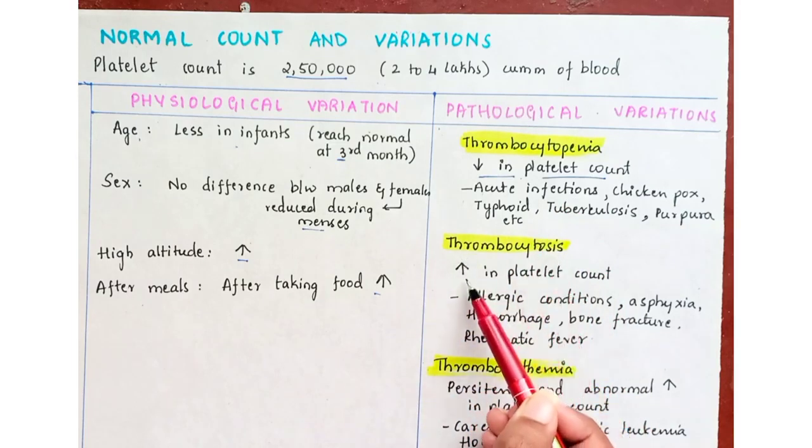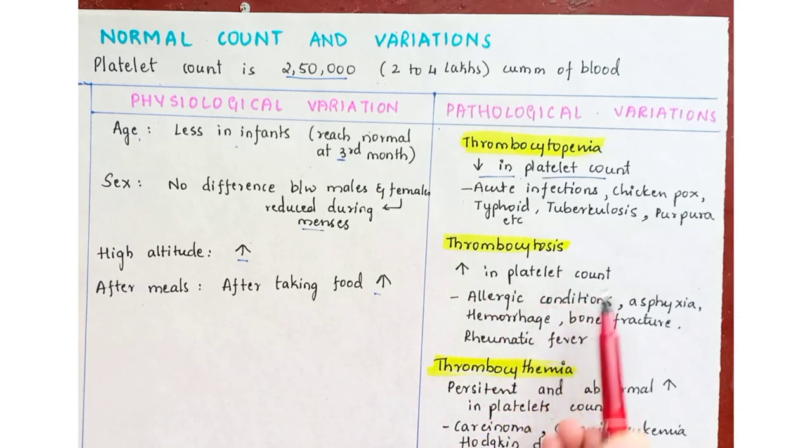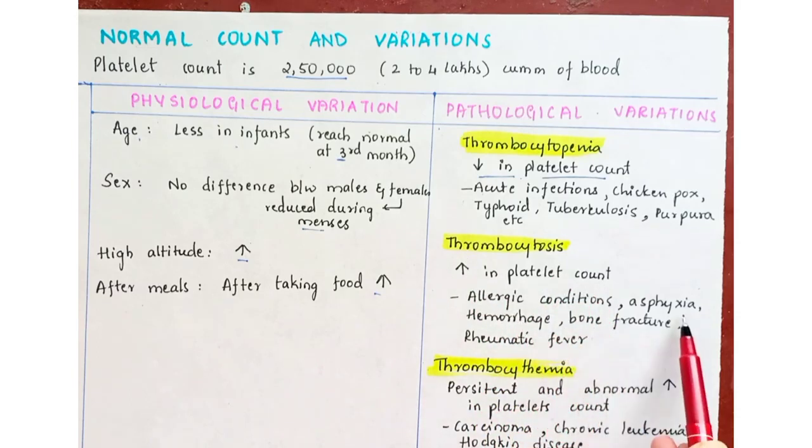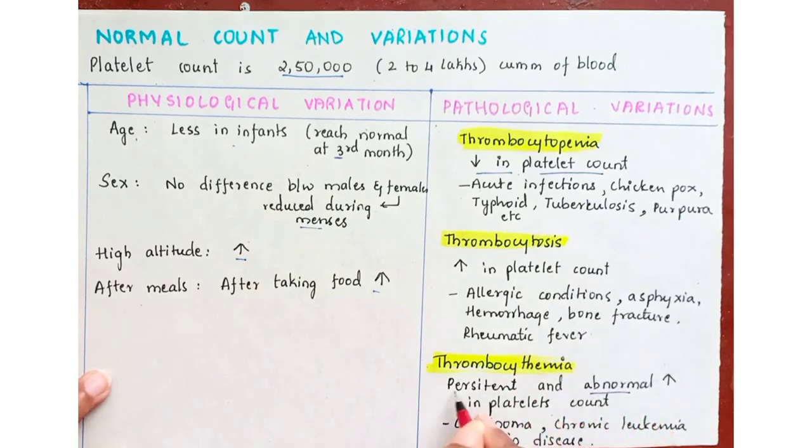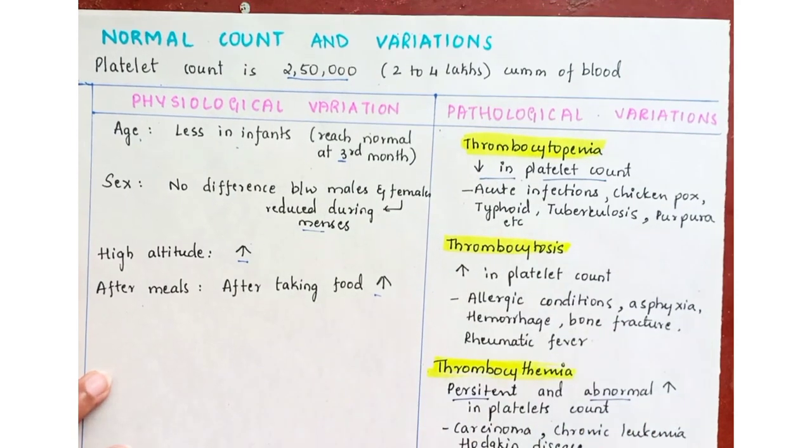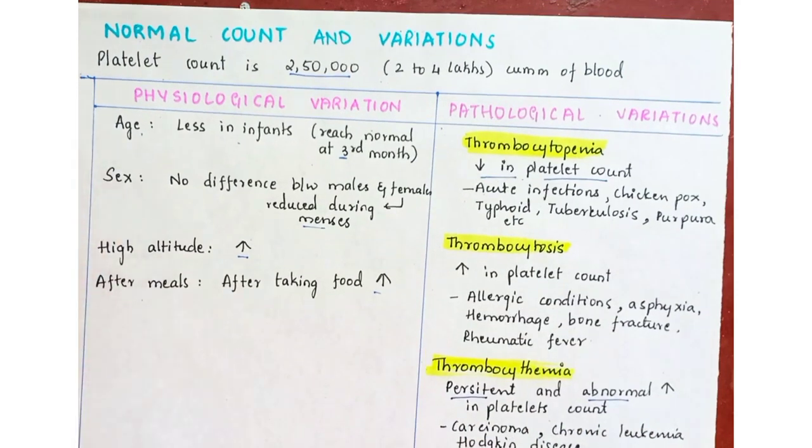Thrombocytosis. Increase in platelet count is called thrombocytosis. It is mainly seen in allergic conditions, asphyxia, hemorrhage, bone fracture, rheumatic fever and many such diseases. Third is thrombocythemia, which is a persistent and abnormal increase in the platelet count, such as in carcinoma, chronic leukemia and Hodgkin disease.